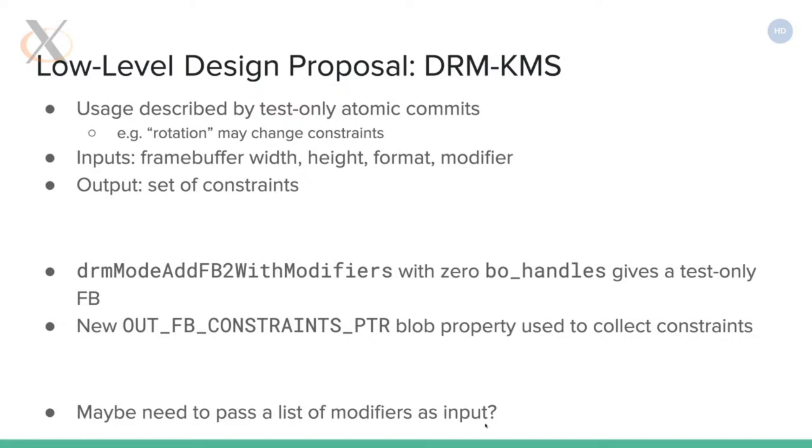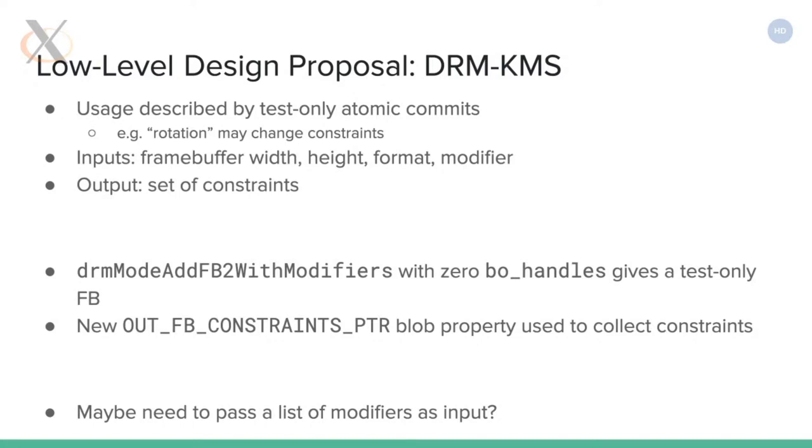So one possibility would be to make DRM mode addfb with 0 BO handles a special case. I think we've talked about this last year, but calling addfb with 0 BO gives a fake frame buffer that can only be used for test-only commits.